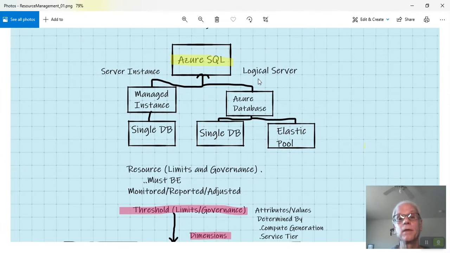We're going to talk about the Azure SQL, and we're going to talk about the logical server breakdown. Forget about the server instance for now. The logical server has to do with Azure database, and the Azure databases can be expressed as single databases or elastic pools, and we'll discuss those.